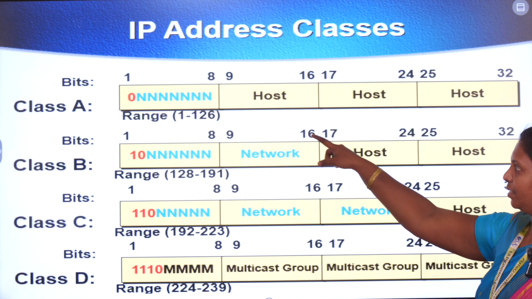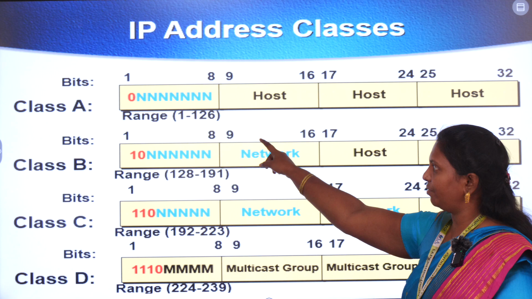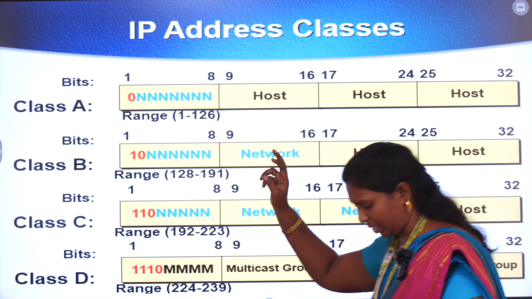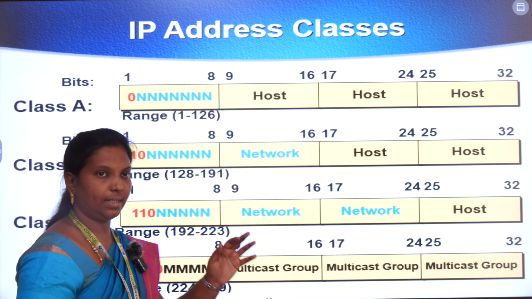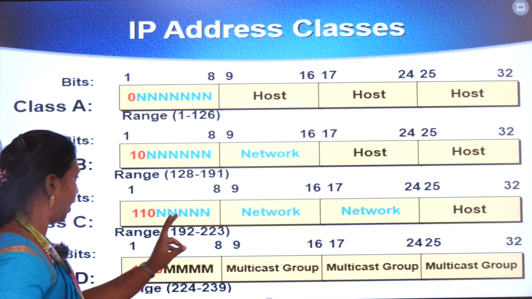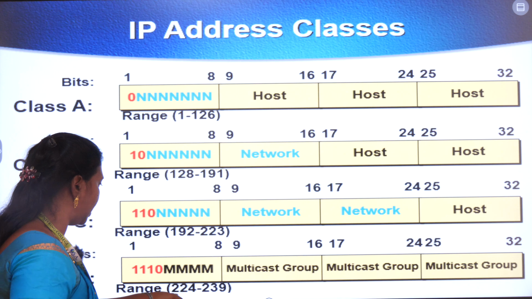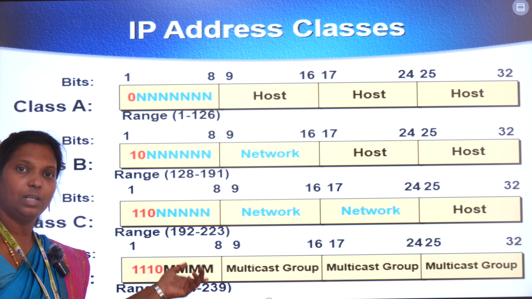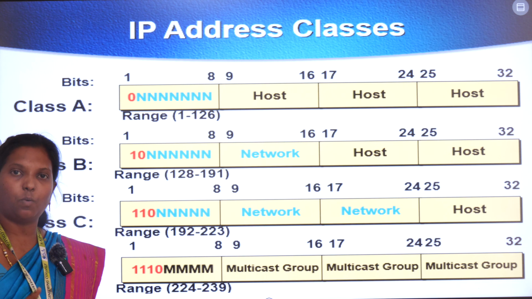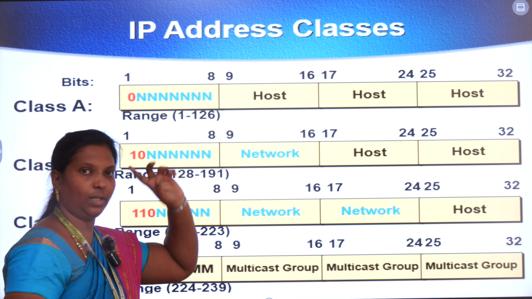For example, for class A, I mentioned that the range is from 0 to 255, and it has 8 bits. So here we define 0 to 126 for class A, then 128 to 191 for class B, then 192 to 223 for class C, and later 224 to 239 for class D. For a larger organization, I just want to have 1 to 127.